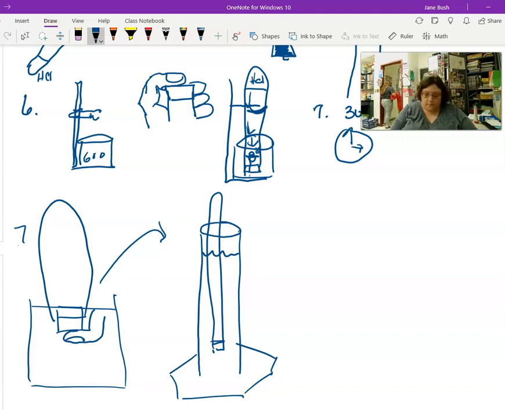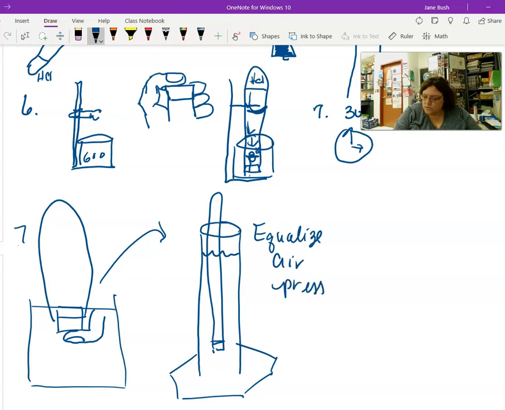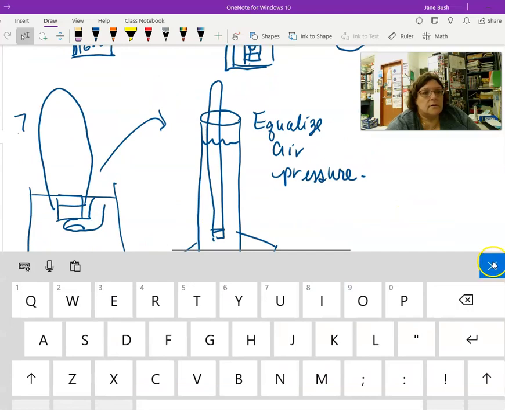And that will be how we read our volume. So this is going to equalize air pressure. And we read our amount. And that's it. After that, you clean up. And for cleanup, you just pour it down the drain. All right. Thank you very much for watching.